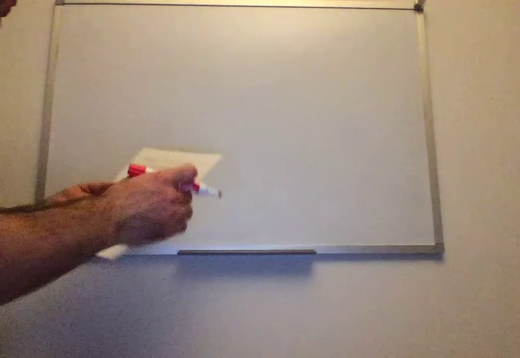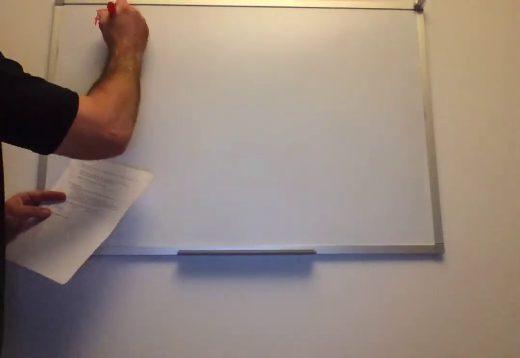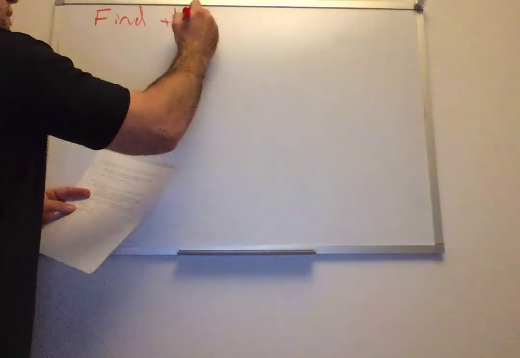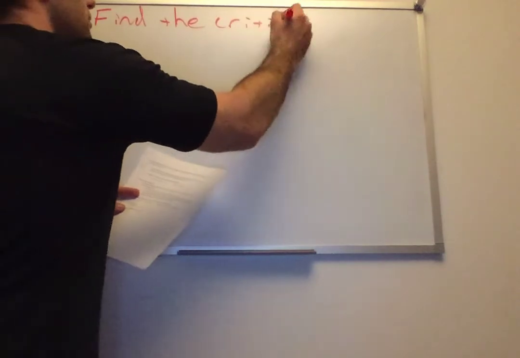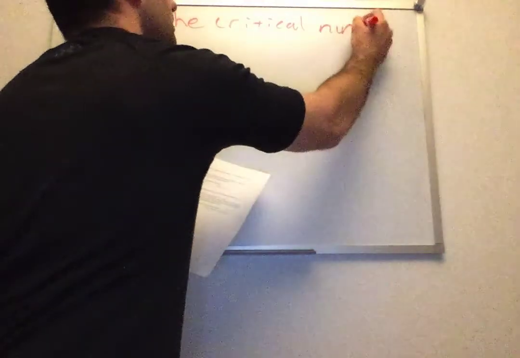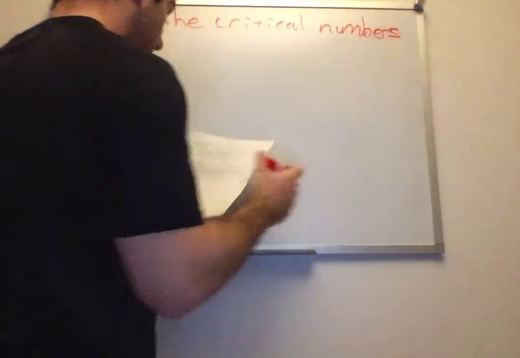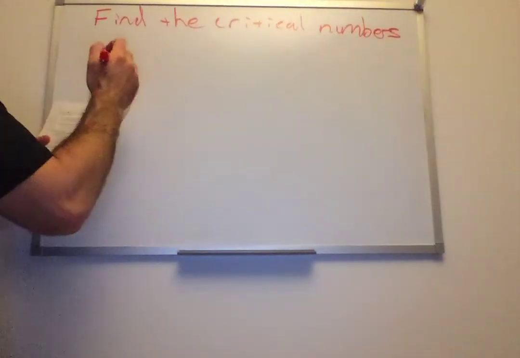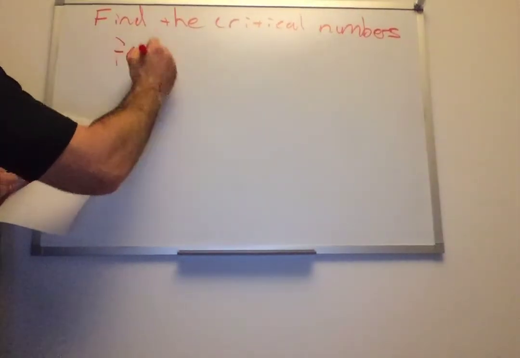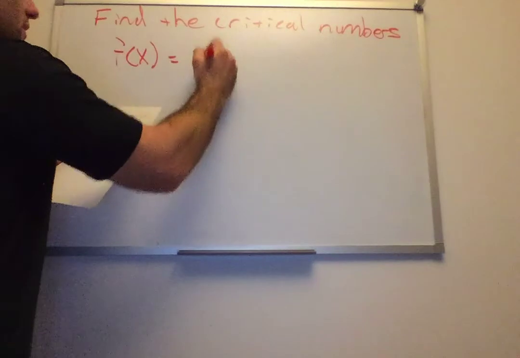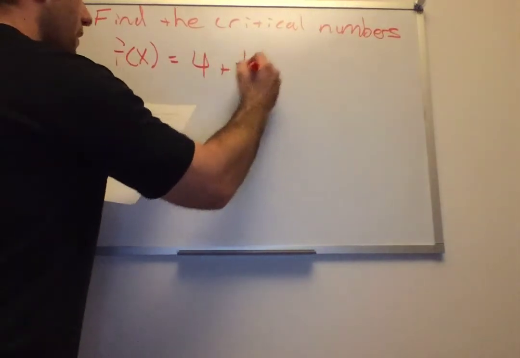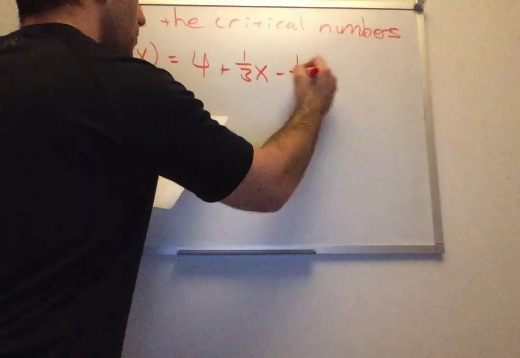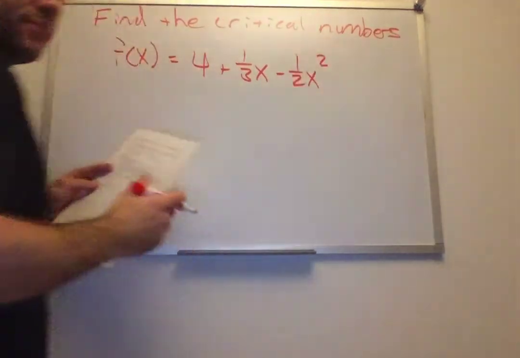But first, let's do two examples. Find the critical numbers of the function. So here's our first function, f of x equals 4 plus 1/3 x minus 1/2 x squared.